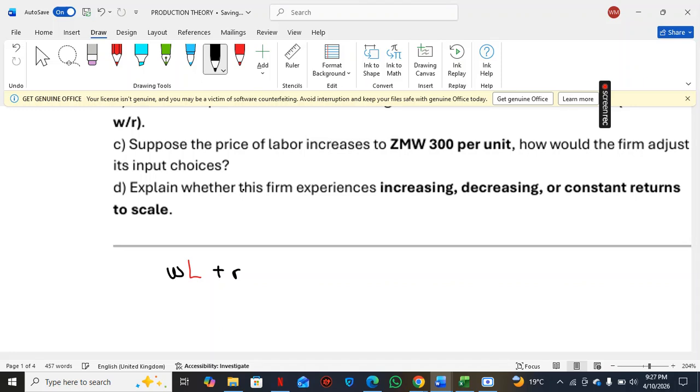R is the rate of capital. K is the quantity of capital.